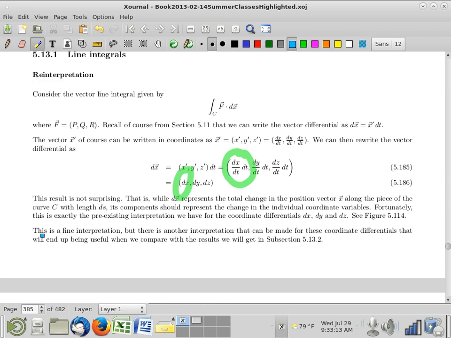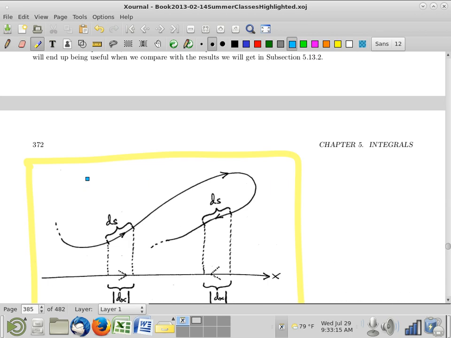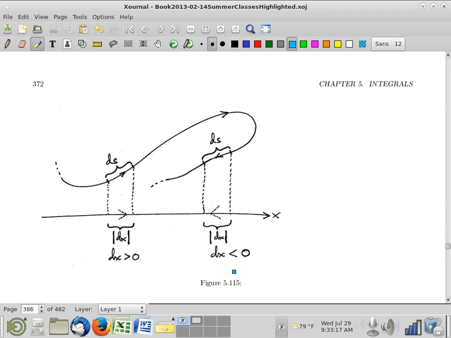The different point of view I want to take, I'm going to draw a picture down here. And that is, there's your vector differential. This is a two-dimensional picture just to make it easier to draw, by the way. But so there's your vector differential. And I want to think of dx now as representing the size of the projection of that little piece of curve.